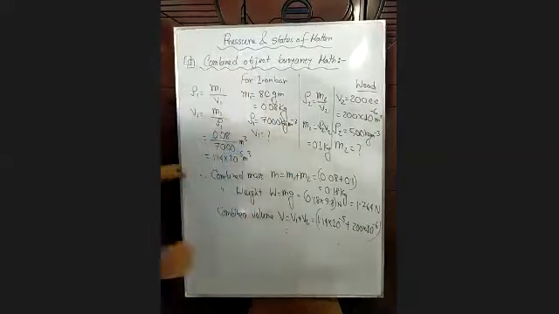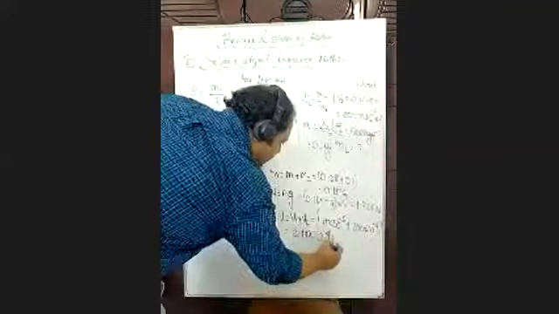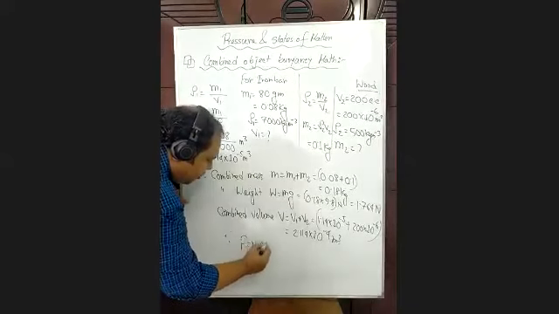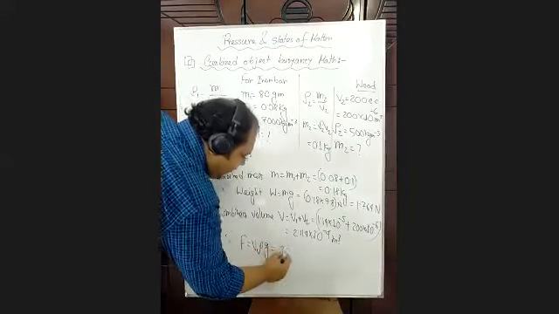So the combined volume is 2.114 into 10 to the power minus 4 meter cube. The buoyancy will be B equals V rho g.